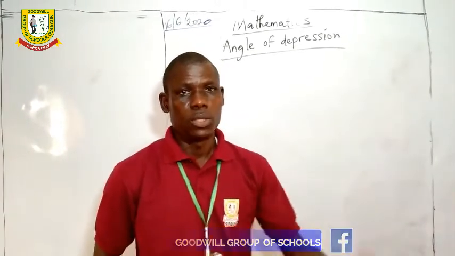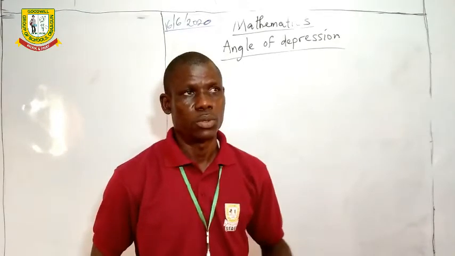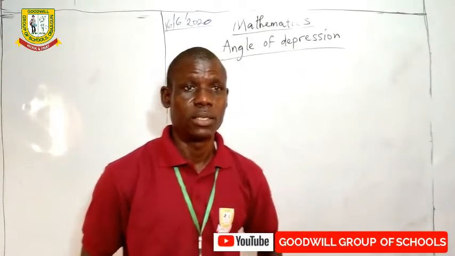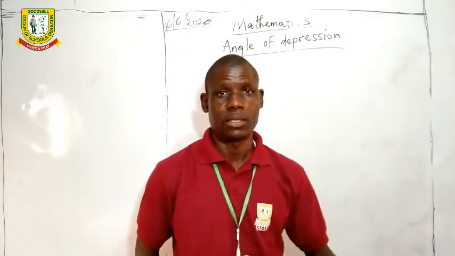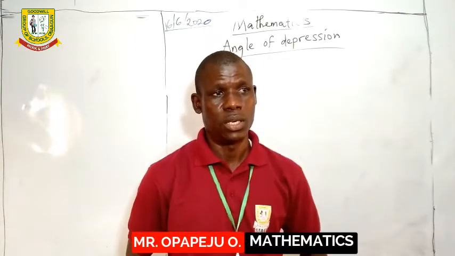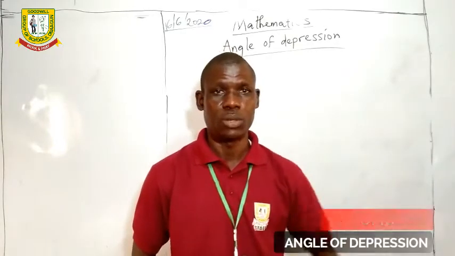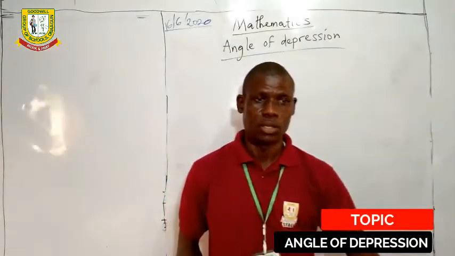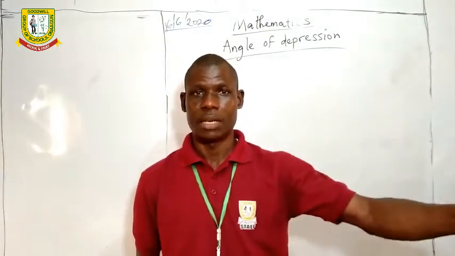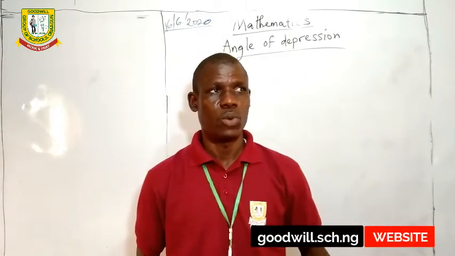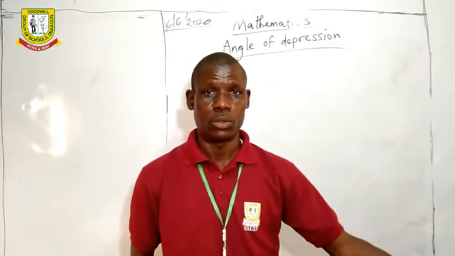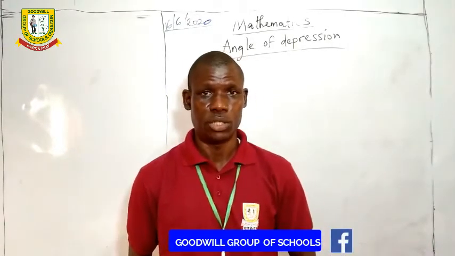Now, as we try to look at the examples, let's just make mention of some of the views of objects we can identify as a view giving us angle of depression, and this includes viewing a ship that is on the sea moving, while you are standing by the seashore. Also, when looking at maybe a pair of shoes on the floor, that is giving us an angle of depression.